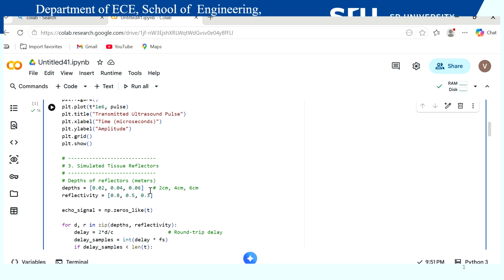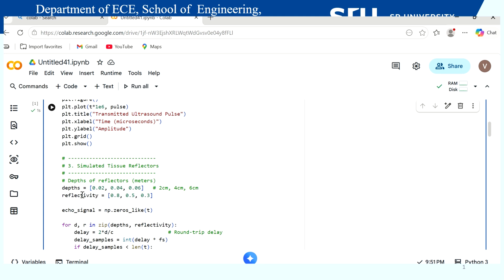It is a vector. And then reflectivity is equal to 0.2, 0.5, 0.3, also a vector representation. This simulates 3 tissue boundaries at 2 cm, 4 cm, 6 cm. Reflectivity represents how strong the echo is.